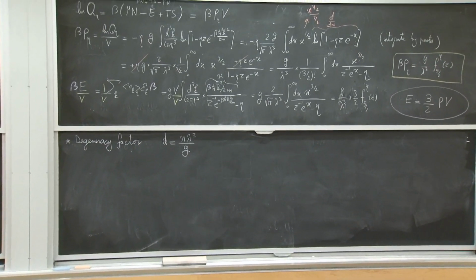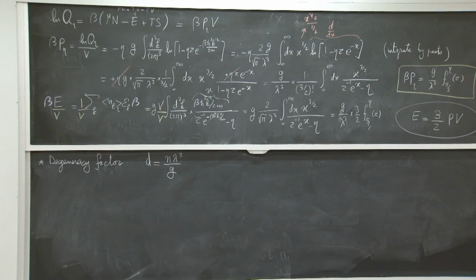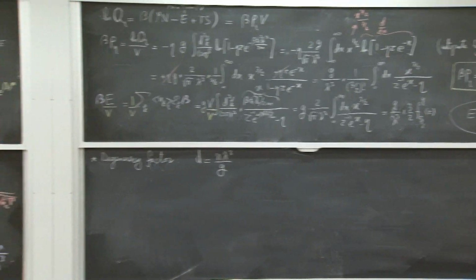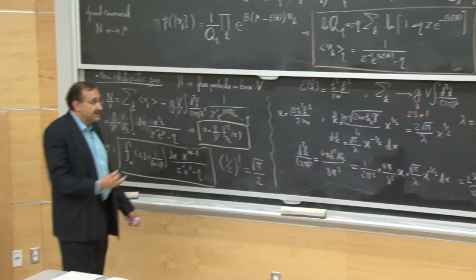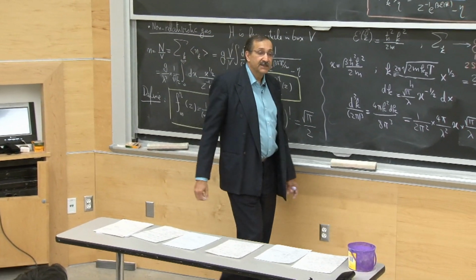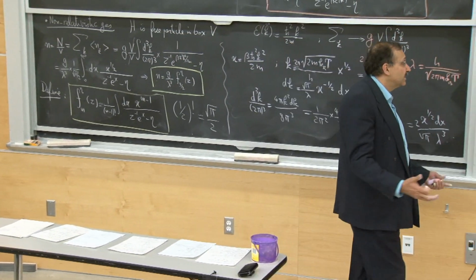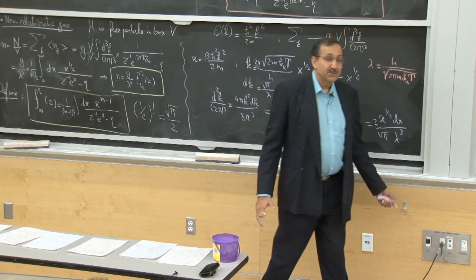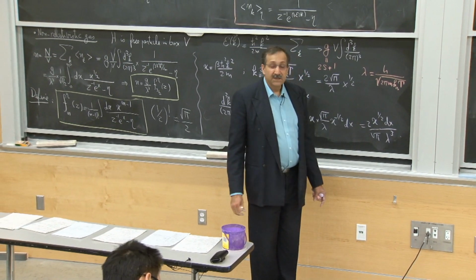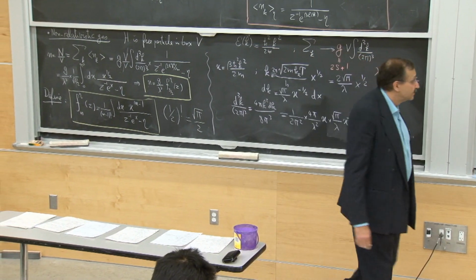And we will regain classical behaviors when degeneracy is small, density is small enough such that d is much less than 1. And we will see totally new behavior that is appropriate to quantum mechanics in the other limit where d becomes large. Okay?